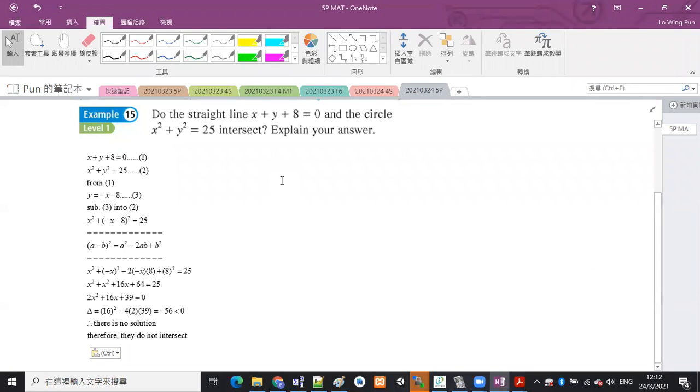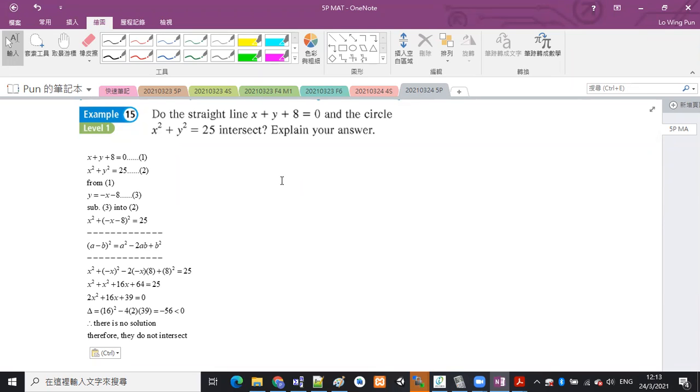Do you understand the flow of this solution? Just set the equation 1, equation 2. We always start from the equation that has no square term. You change the subject to x or change the subject to y, both okay.